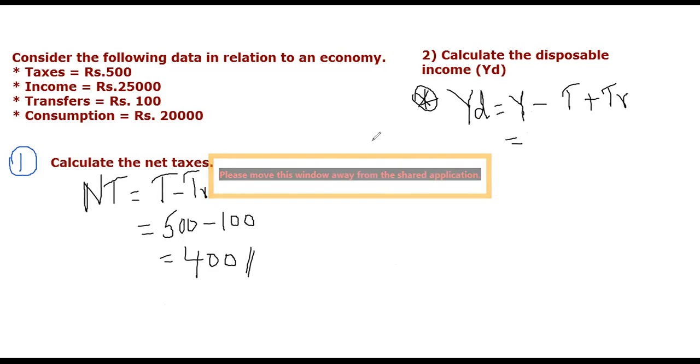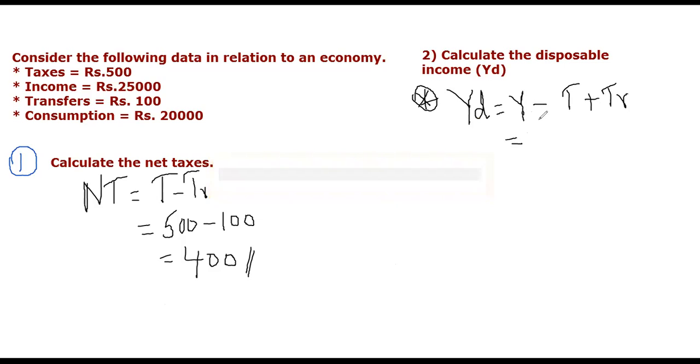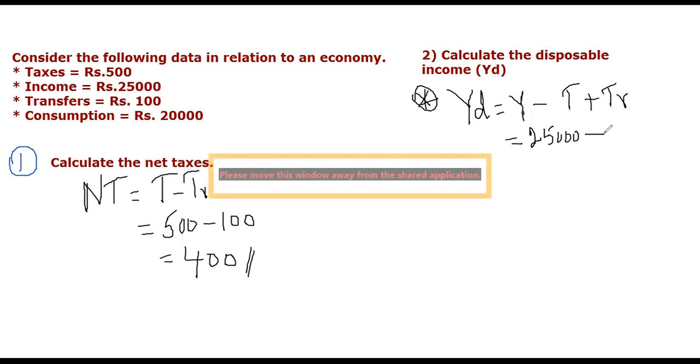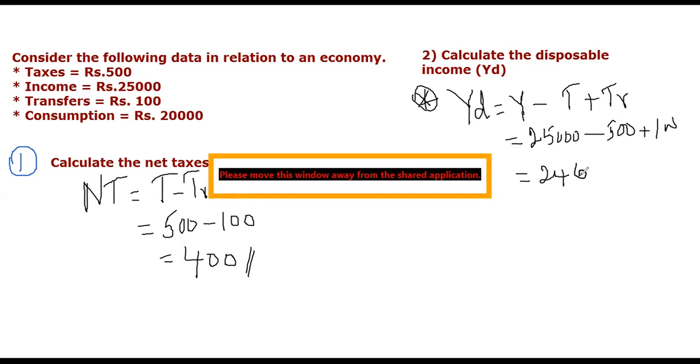Y is not given in the question. Sorry, Y is given, 25,000. Yes, Y is 25,000. T 500. TR 100. Therefore, 24,600. This is the spendable income of the people.